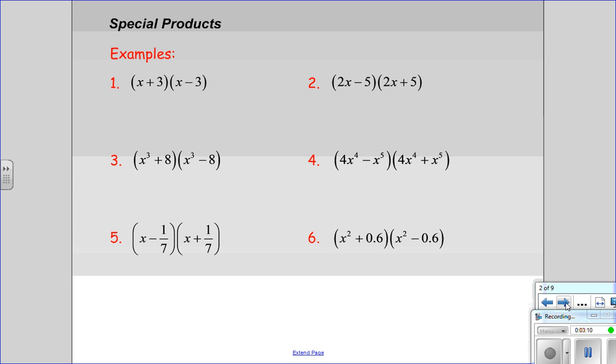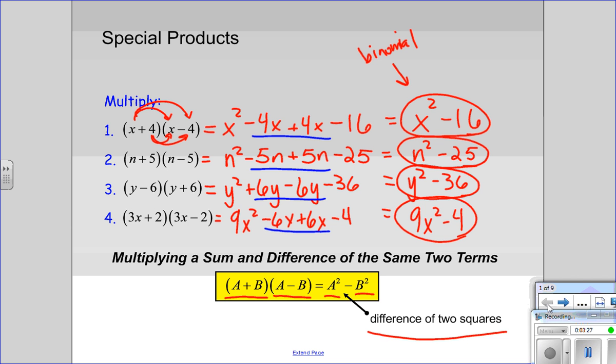All 6 of these examples, as you look at them, follow the same general rule. Each binomial has a sum, and it's multiplied with the difference of the same exact term. So we could use the FOIL method, or by looking at our rule on the previous page, we can use a shortcut. We can square our a and then subtract it with our b squared.